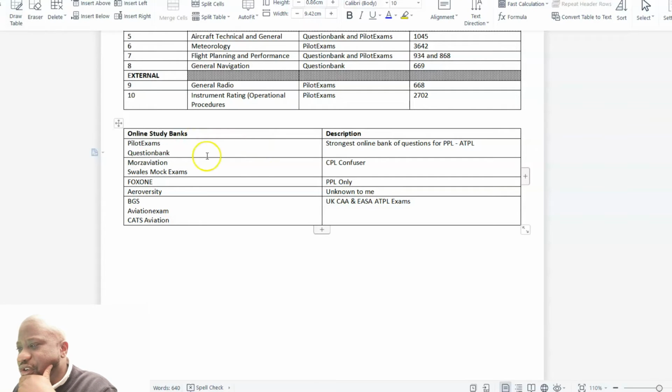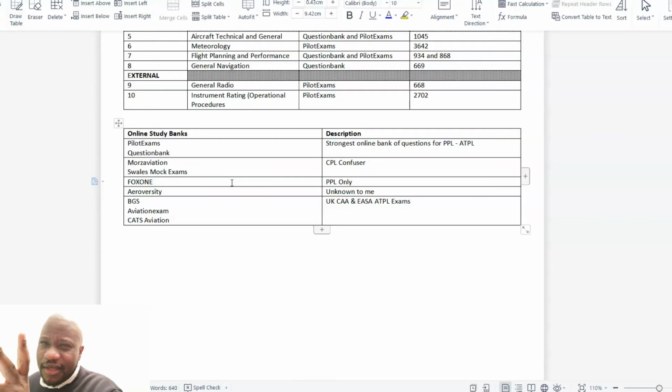I've also heard of Moore's Aviation and Swale's mock exams. I think these are just straightforward questions in a particular sequence, so you can't actually randomize them. Don't quote me on that. I have not used them, so I don't know, but I am aware of them. You also have Fox 1. Fox 1 I did use for my PPL exams.